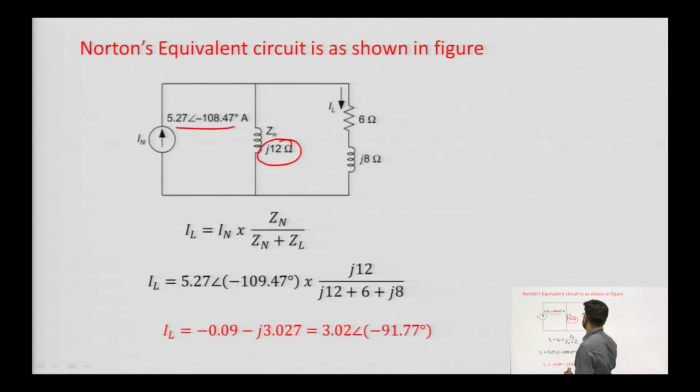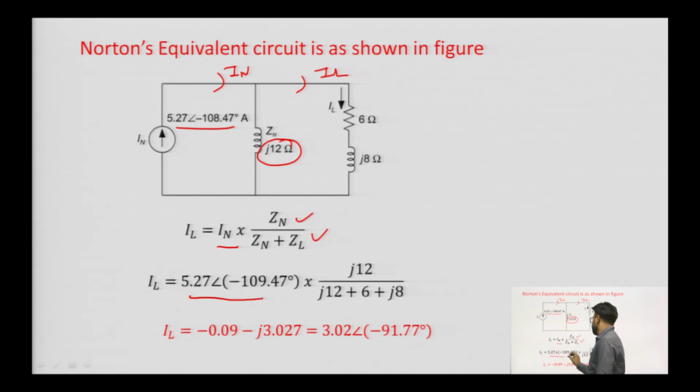And we have 6 plus j8 ohm, in which we need to find out the load current IL. So, we will apply the current divider rule. This is IL. So, IL will be equal to IN multiplied by Zn divided by Zn plus ZL.